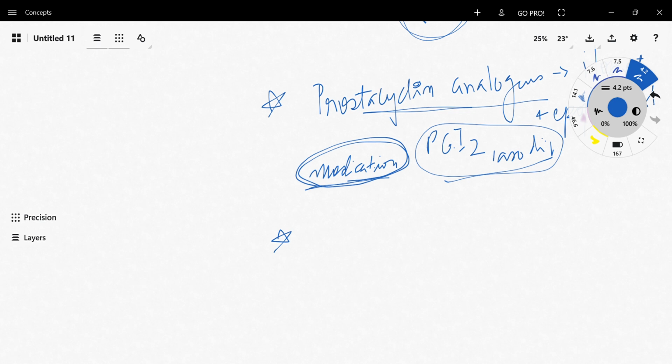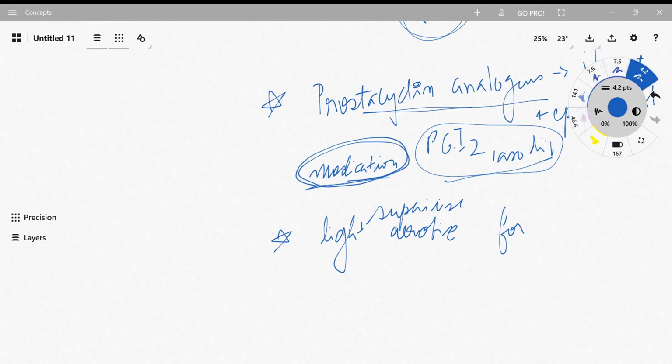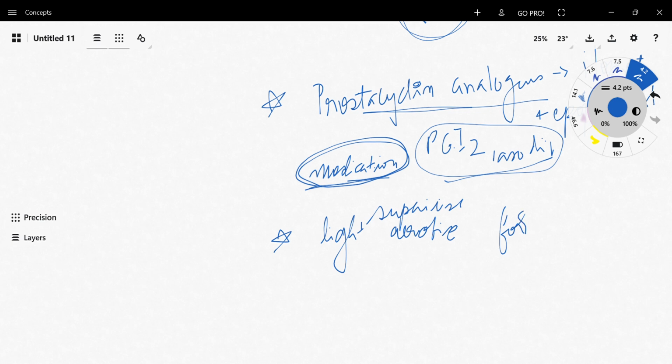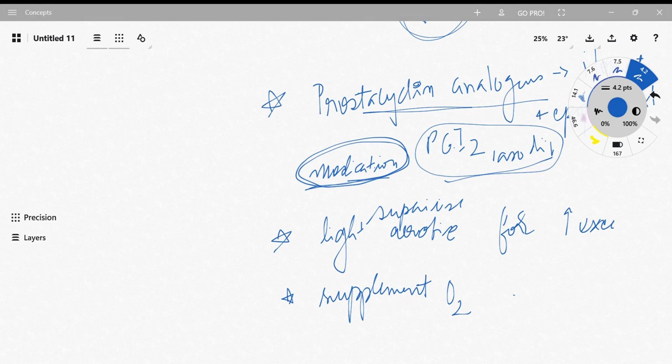and the other things that you do want to do is light supervised aerobic exercise to increase exercise tolerance, and they can be given supplemental oxygen because like I told you, they are going to be cyanotic and hypoxemic, so supplemental oxygen can be given.